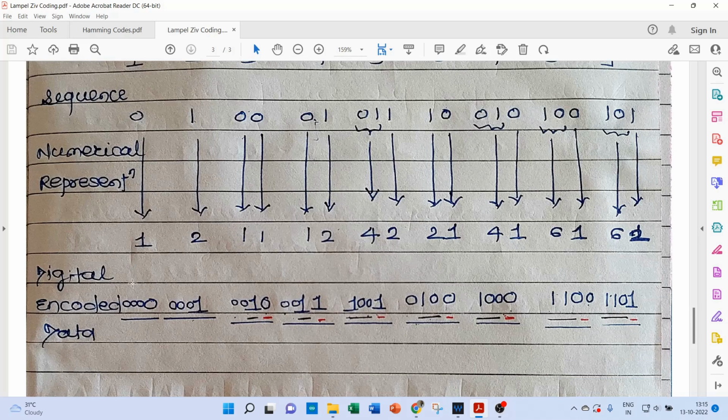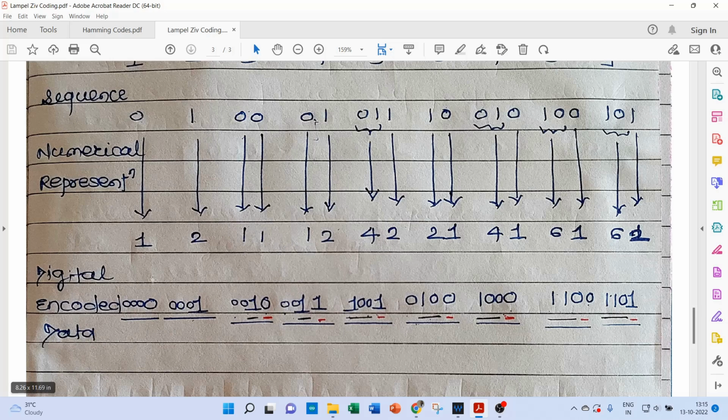Now the last step is to do the encoding. Here you can see the values 1, 2, 1, 1, 1, 2, and for all these values we have to encode.